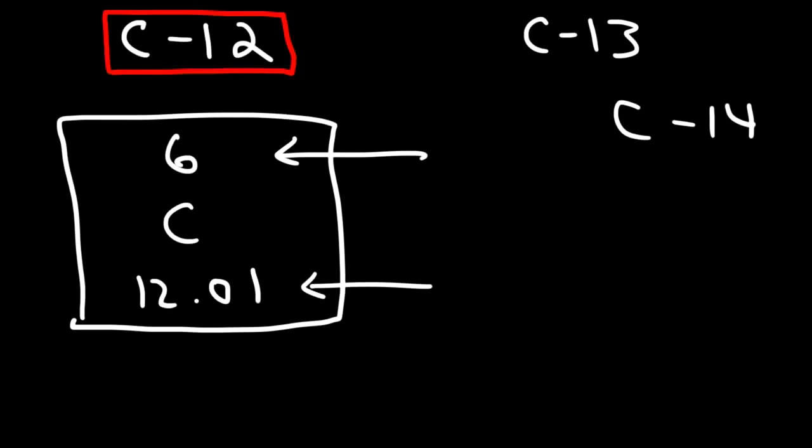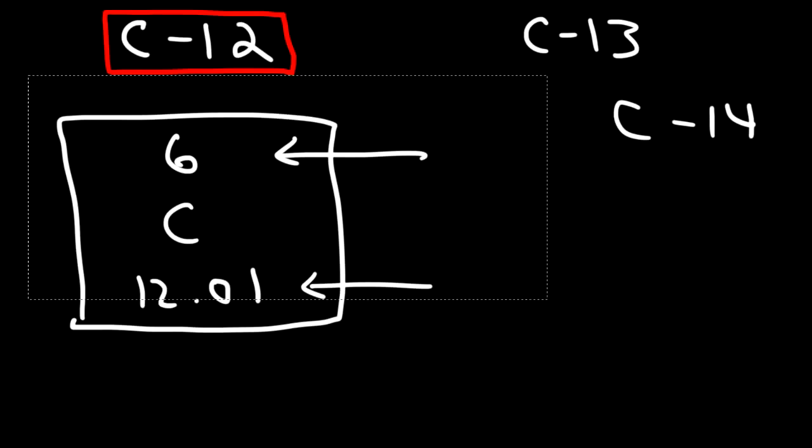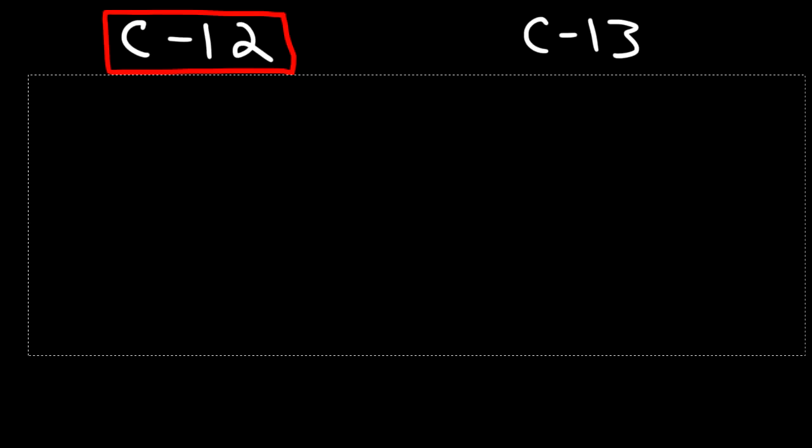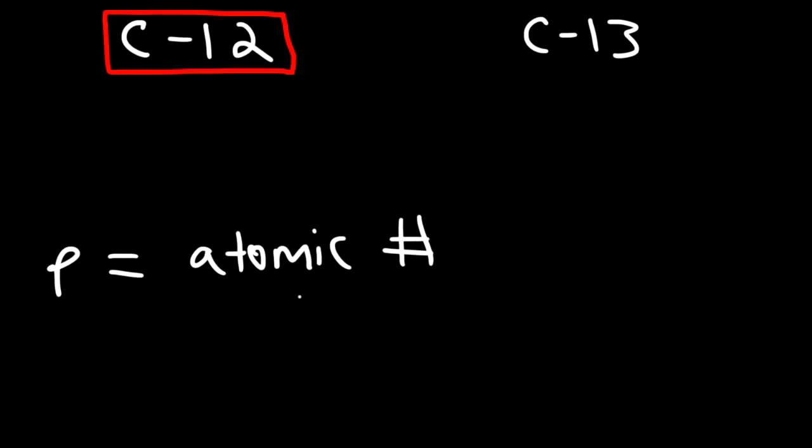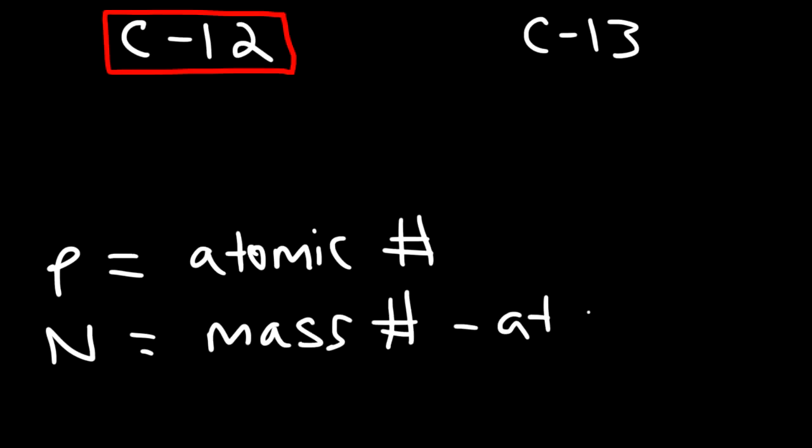But now let's talk about it. Let's calculate the number of protons, electrons, and neutrons in these two atoms. To calculate the number of protons, it's always equal to the atomic number. To calculate the number of neutrons, which is found in the nucleus, it's the difference between the mass number and the atomic number.